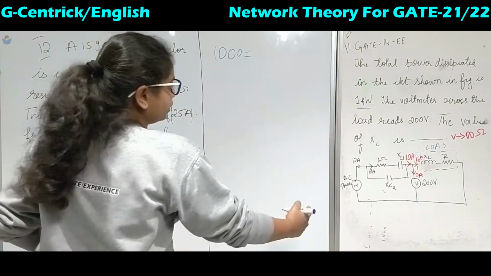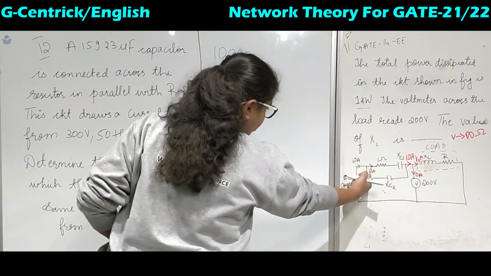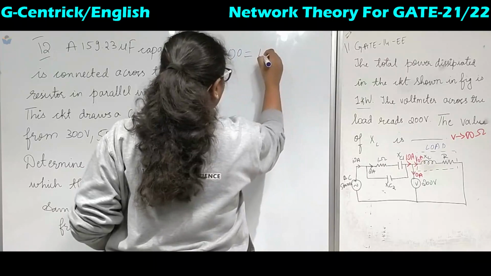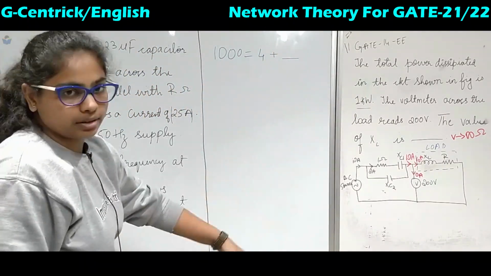So we will first calculate for this one, that is I squared R, 2 squared is 4, into 1, which is 4, plus this one.